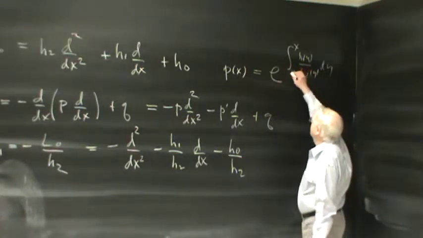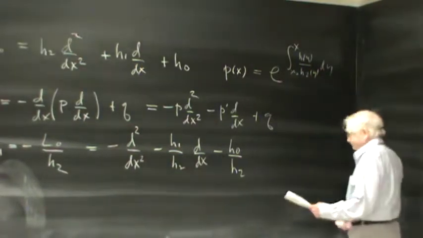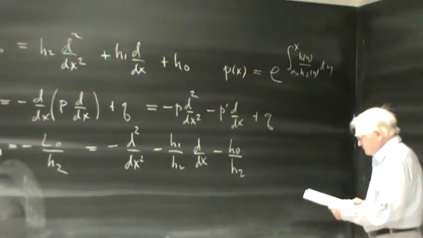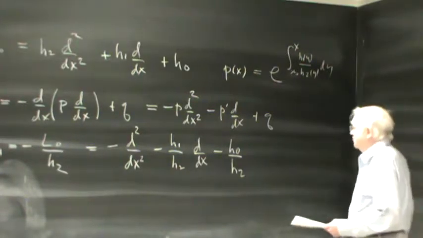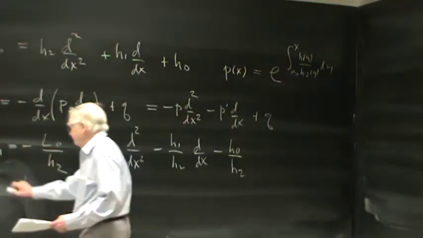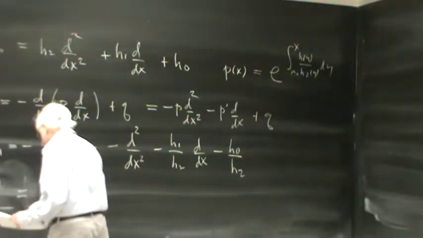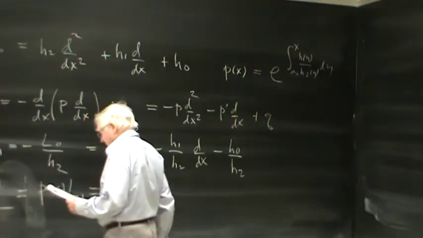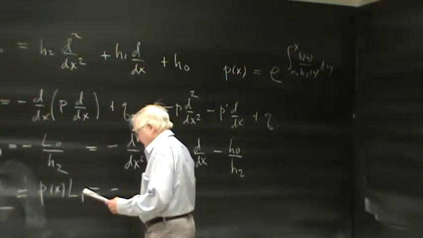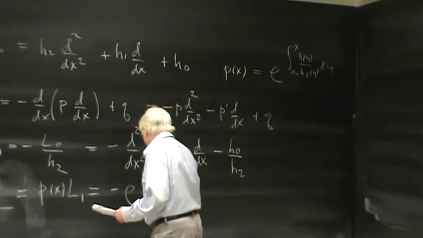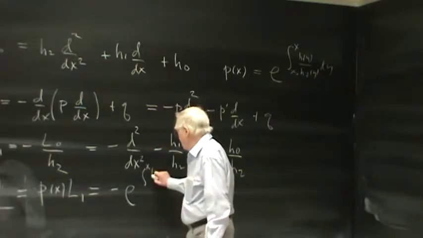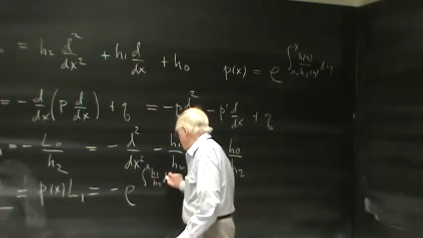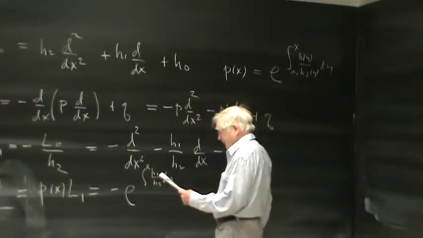So if you want, you can put in x0 there. Then what you do is you define L as p of x L1. And now this is minus e to this integral up to x of h1 over h2 dy.